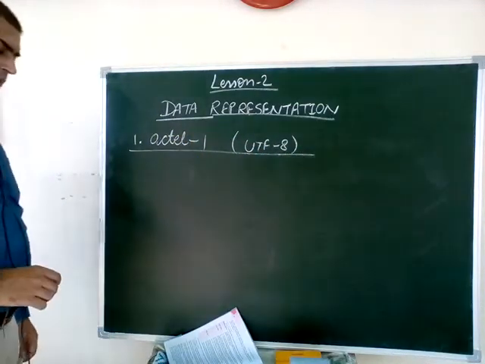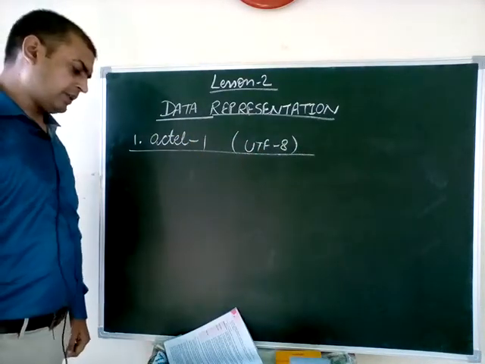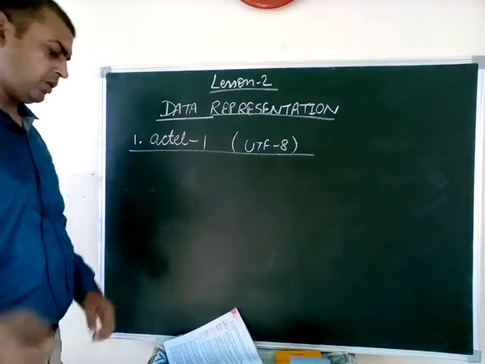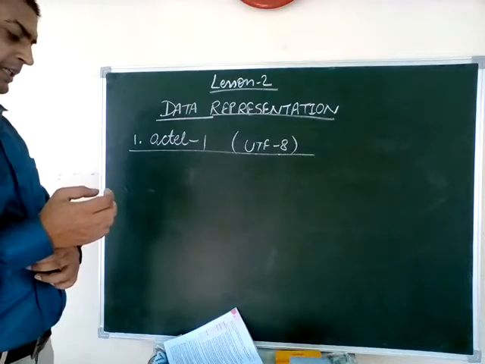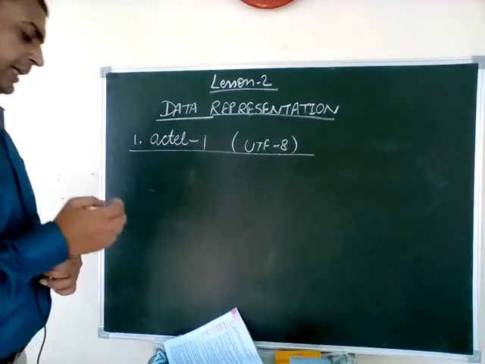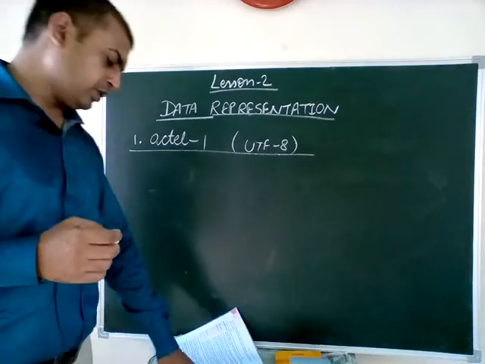So how will you solve this? Now in this octet 1, for 1 byte or 1 octet representation, UTF-8 uses the leftmost bit as a control bit. For 8 representation you must know this table.